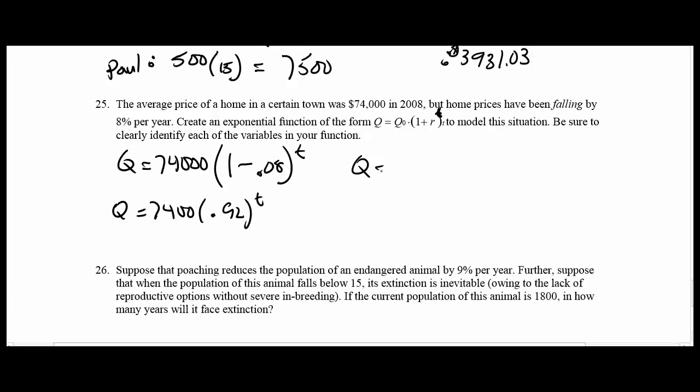So Q in this case is the amount the house is worth. T would be time in years.